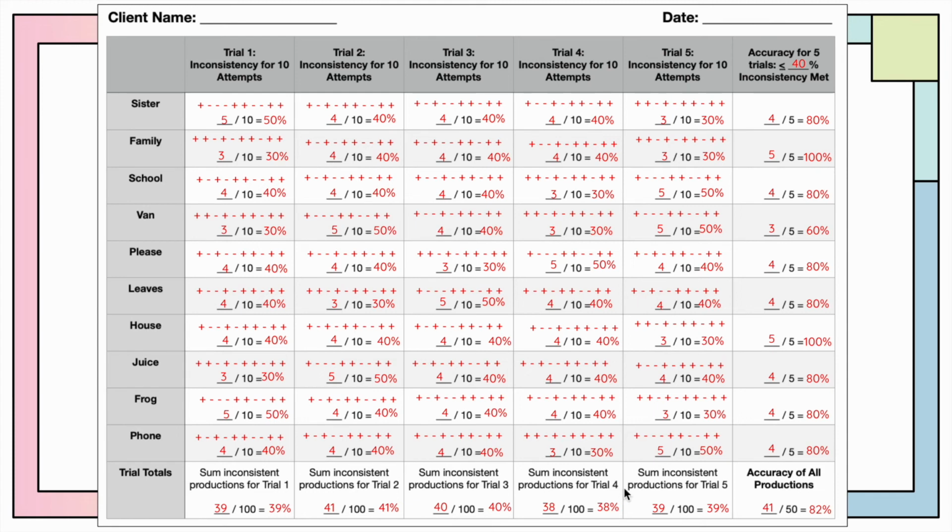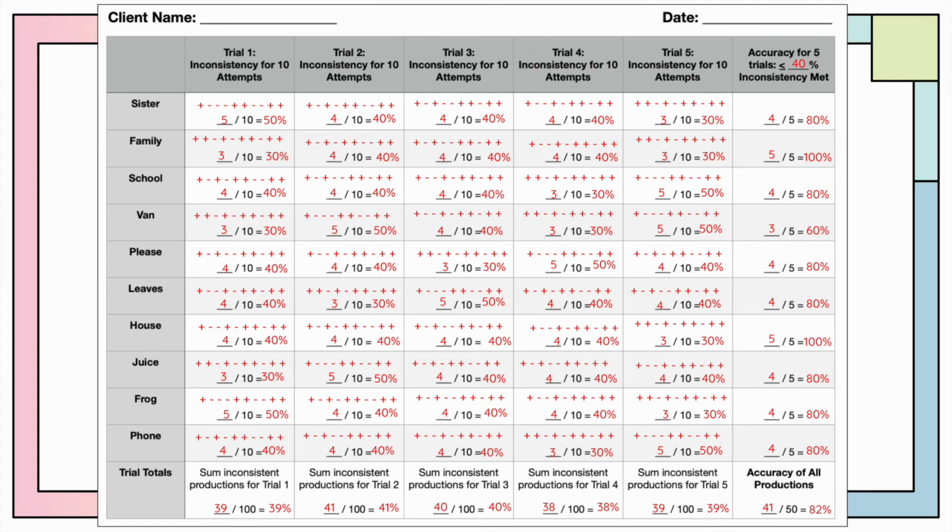So each word was produced 10 times, counted how many were produced inconsistently in column 1, and out of the 100 productions of those 10 words, only 39 were inconsistent. So it is a 39% inconsistency score for trial 1. And then similar calculations were conducted to determine the overall inconsistency scores for trials 2 through 5. So all those percentages on the bottom were found the same way.